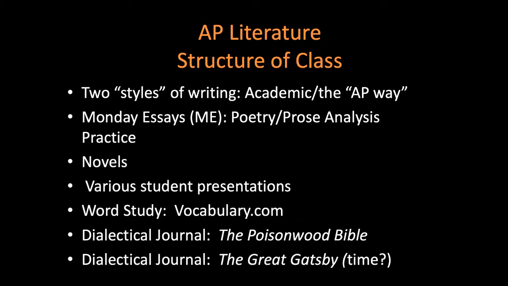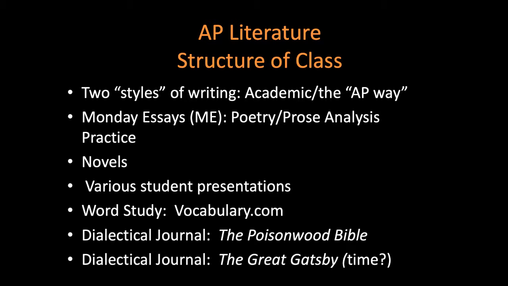On the next slide, we'll see a list of novels that we're reading, and various student presentations we'll do throughout the semester on things like authors and critical theories. In fact, we have our critical lens theory presentation tomorrow, Tuesday, so I'll be looking forward to those.